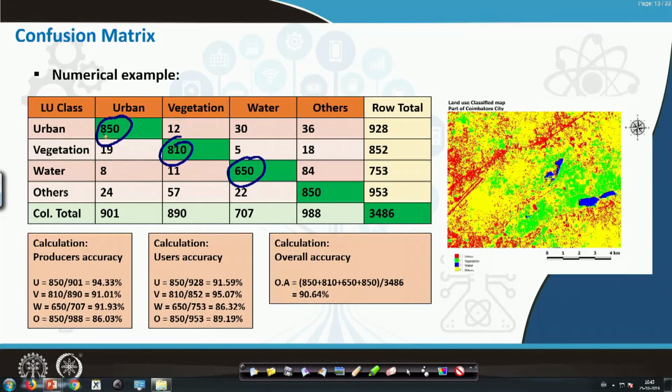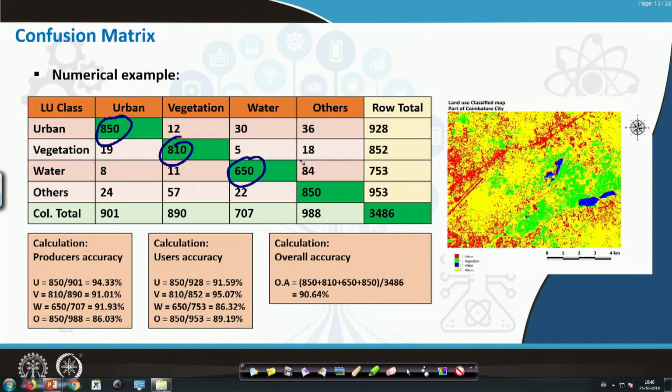For example, other than any of these diagonal elements, all other pixels are those misclassified pixels. Now the first thing that I compute here is the producer's accuracy, that is the accuracy of your reference map with respect to the details that are there.